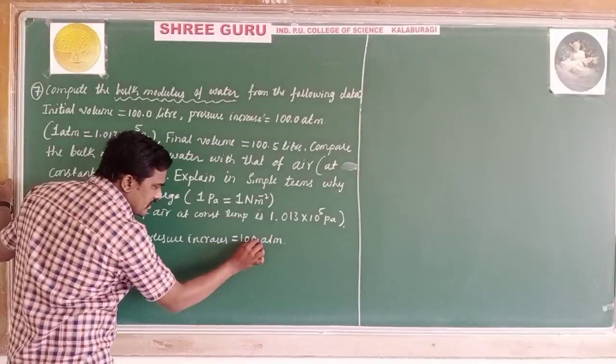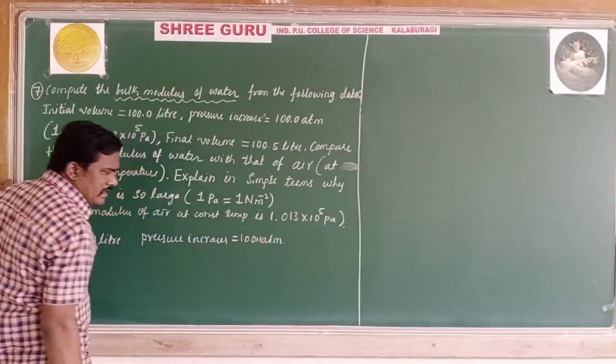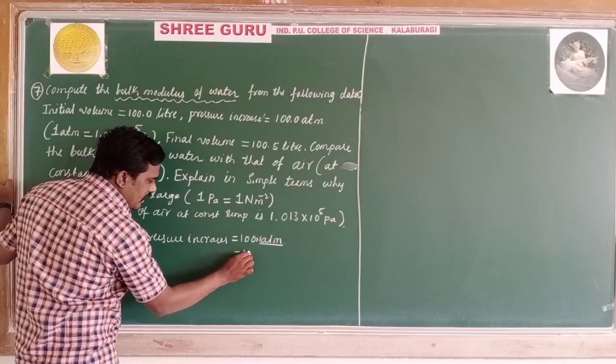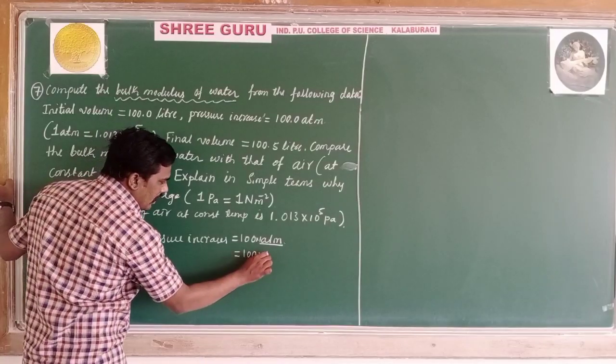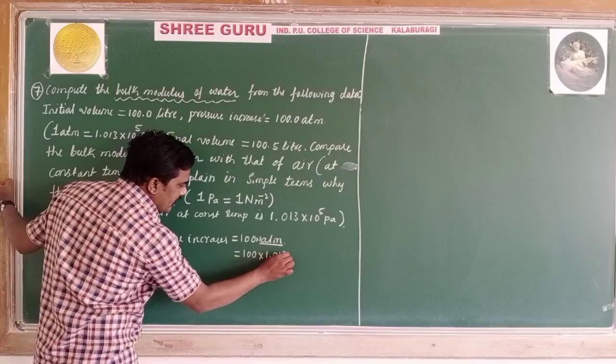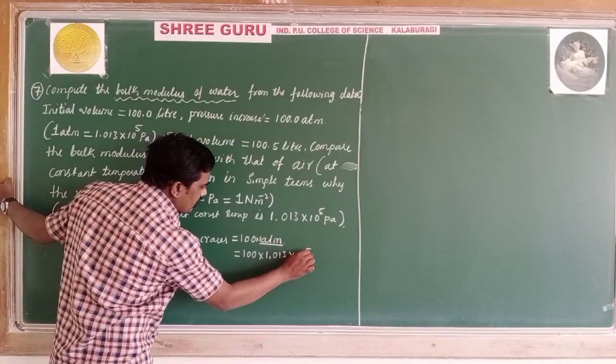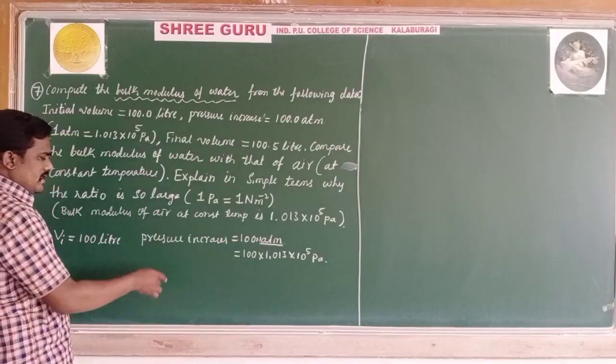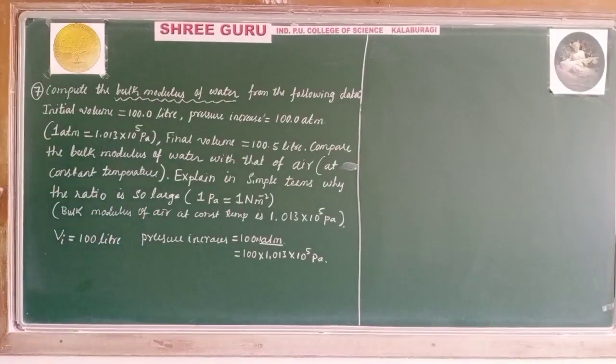What is the value of 1 atmosphere? 100 into 1.013 into 10 to the power 5 Pascal. Now this is the pressure increased value. These are the given values already mentioned in the question.